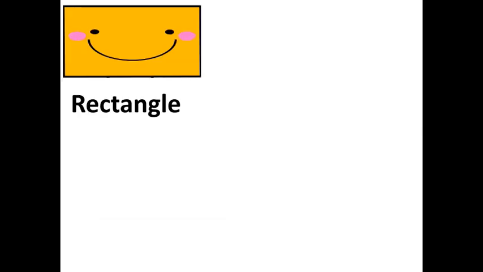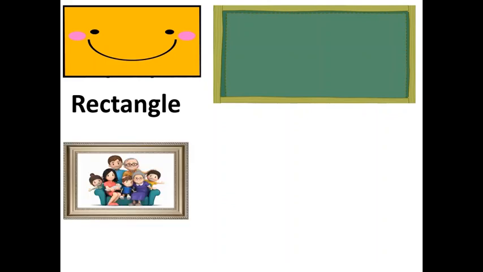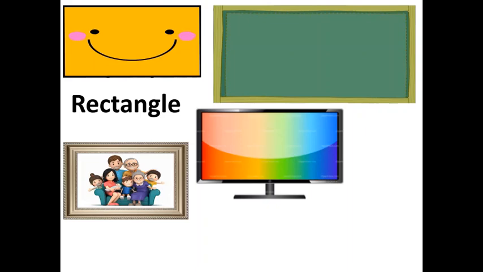Now here we will see few examples of rectangle. Here is your first blackboard. Have you seen blackboard in the class? Yes. Next one is a photo frame. This is in rectangle shape. Next one is your LED TV.